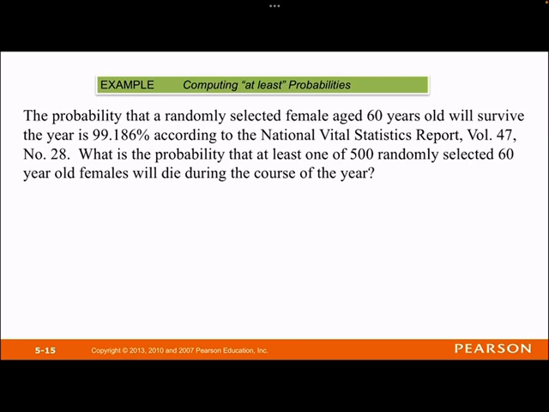Instead, the probability that at least one dies is going to equal 1 minus the probability that none die. If none die, that's the probability that they're all going to survive. So we can do 1 minus the probability that they'll all survive.